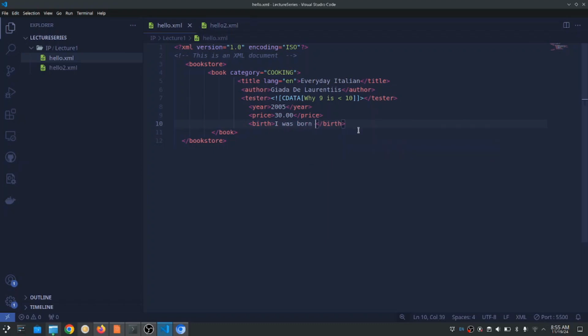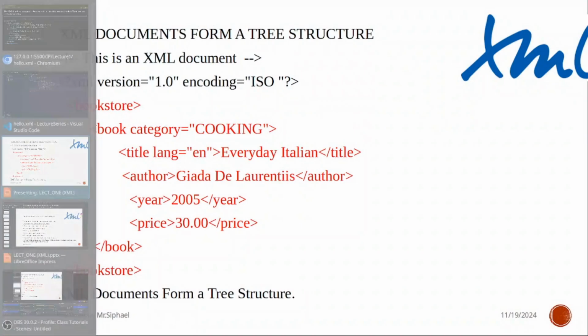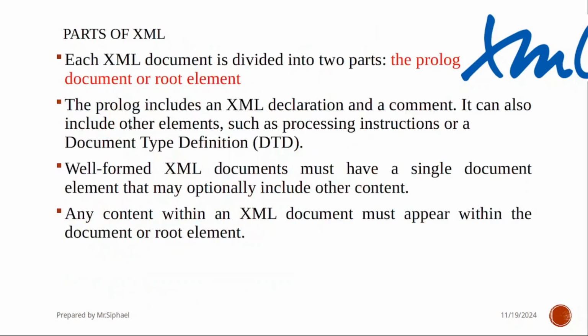I was born today. If I go and run this, you can see it's right here. So you can just use your own tags, and you can see the attributes right here. You can define your own attributes for whatever element you want, just to make your data more descriptive.